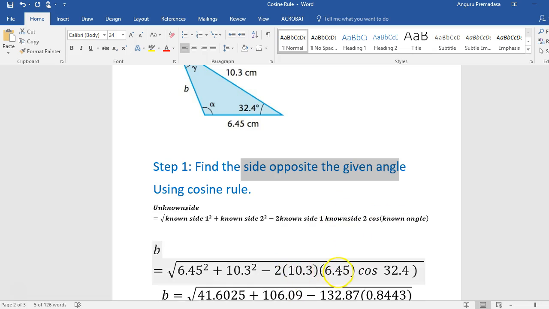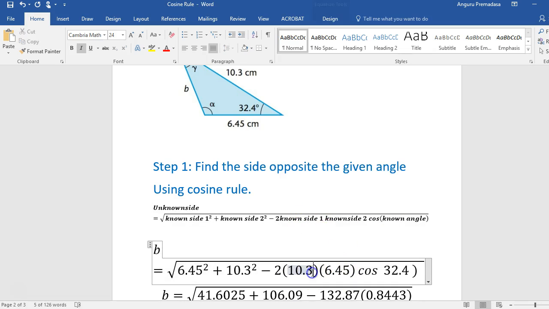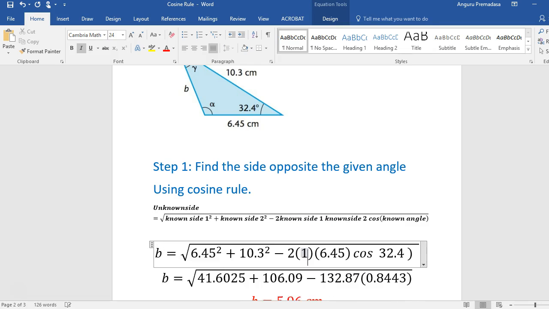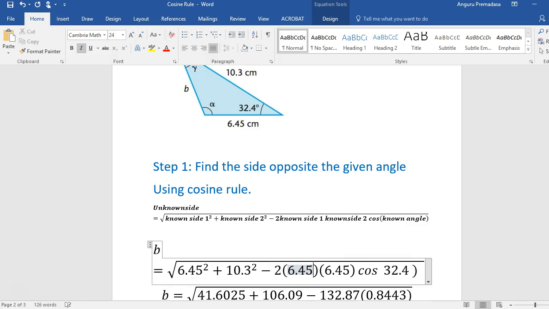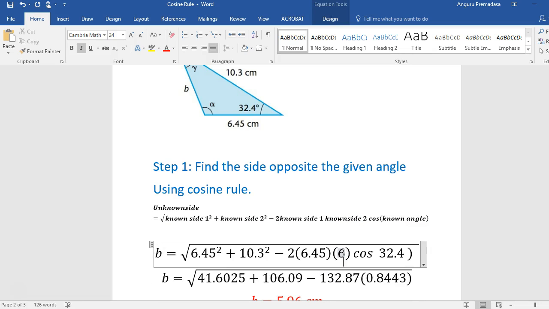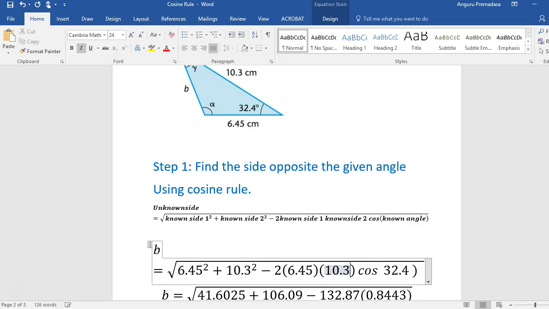It doesn't matter if you switch them, because it's multiplication. Then times the cosine of the known angle, which is 32.4.